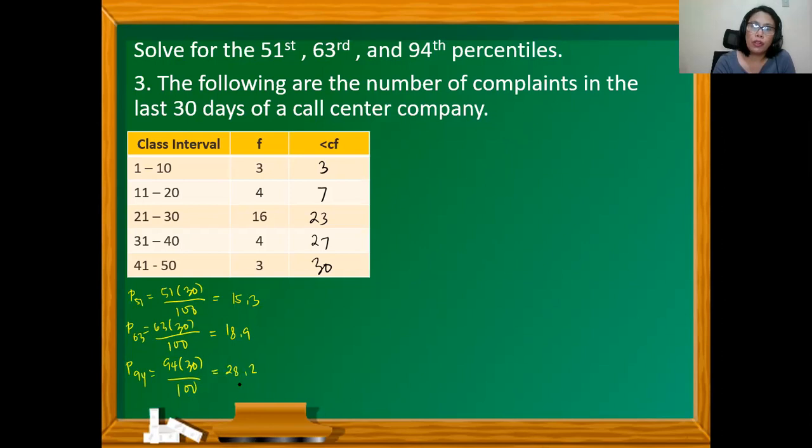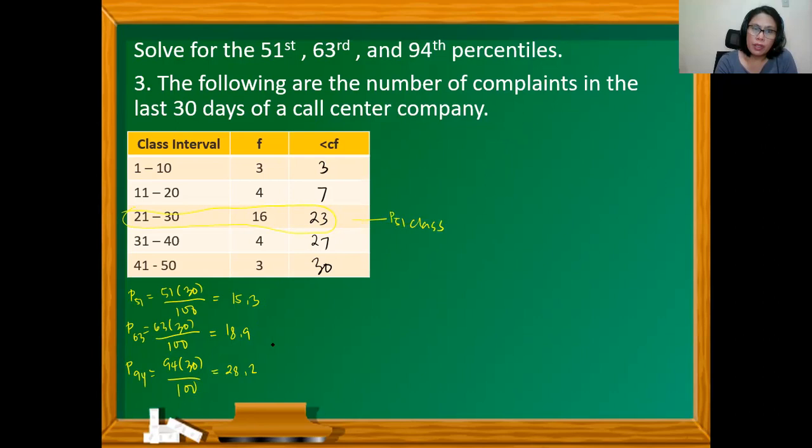Okay, so we will locate these values along this less than cumulative frequency. If there's none, then we're going to consider the greater value than the percentile class values. So for P sub 51, we're going to consider the third class, since 23 is the closest value to 15.3 among the three possible choices here. And we'll consider this as the P sub 51 class.